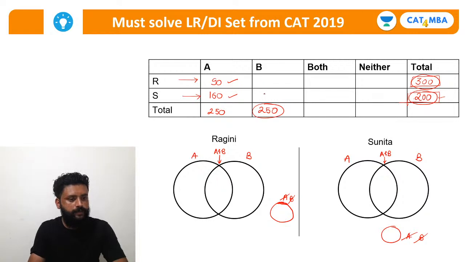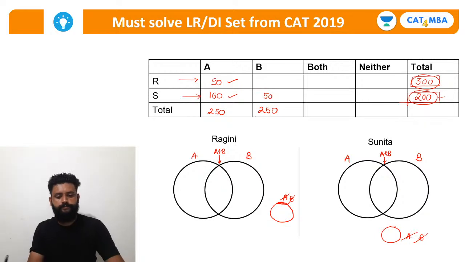Here it must be 100, or not 100, it should be 50, right?